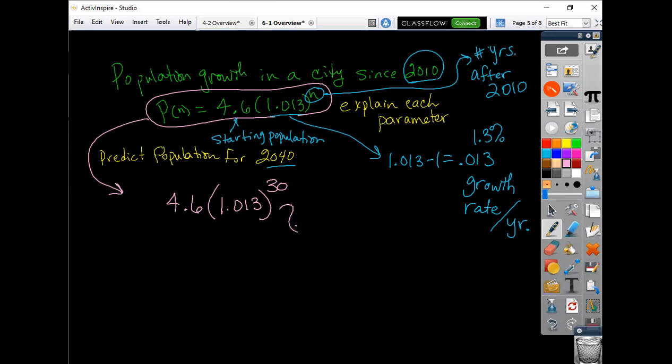So then you grab your handy dandy calculator or jump on Desmos or whatever you're using, whether it's some sort of an electronic device, your phone, and type in that formula, 4.6, and in parentheses your 1.013 to the power of 30.